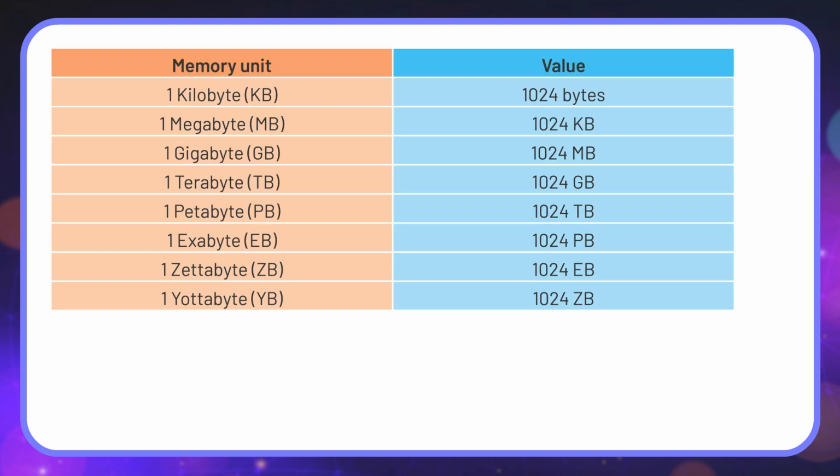Memory unit, value. 1 kilobyte, KB, 1024 bytes. 1 megabyte, MB, 1024 KB. 1 gigabyte, GB, 1024 MB. 1 terabyte, TB, 1024 GB. 1 petabyte, PB, 1024 TB. 1 exabyte, EB, 1024 PB. 1 zettabyte, ZB, 1024 EB. 1 yottabyte, YB, 1024 ZB.